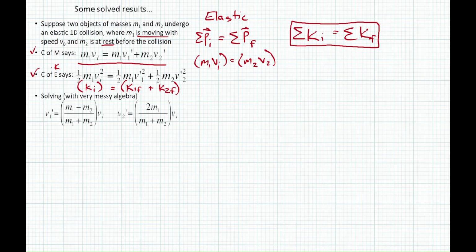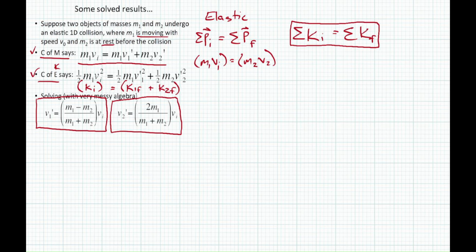Now here's where there's going to be a great big jump to these two equations right here. Where it says solving with very messy algebra, that is no joke. We take the conservation of momentum equations and the conservation of energy equations, and combine them algebraically, with a lot of substitution and operations.